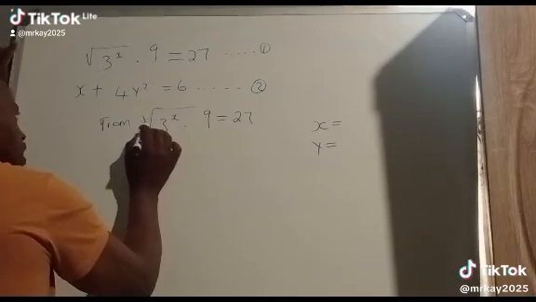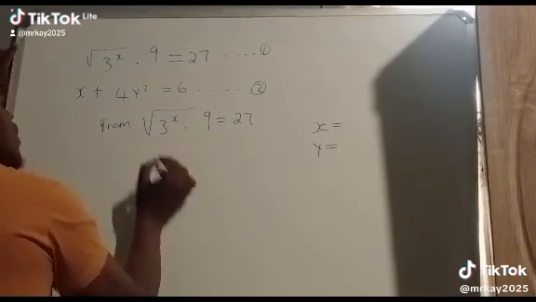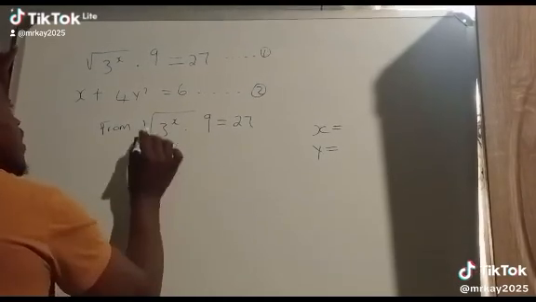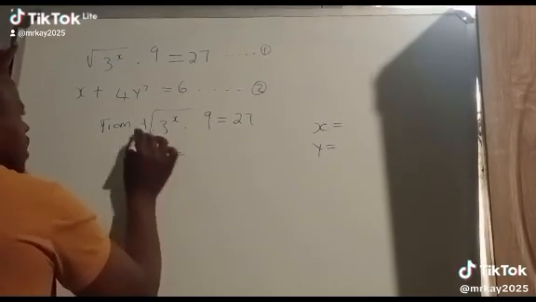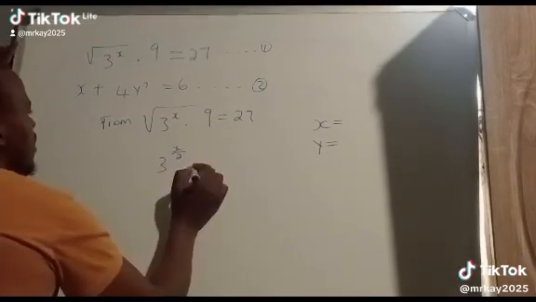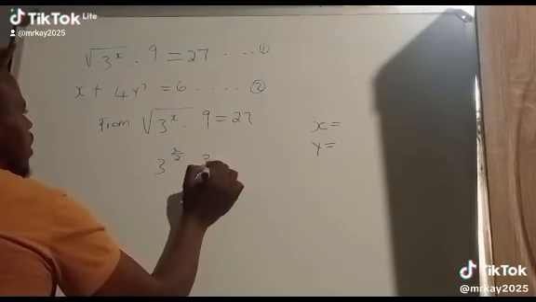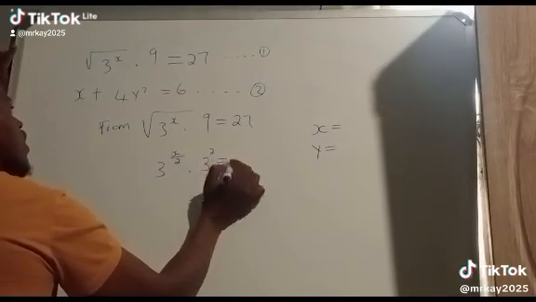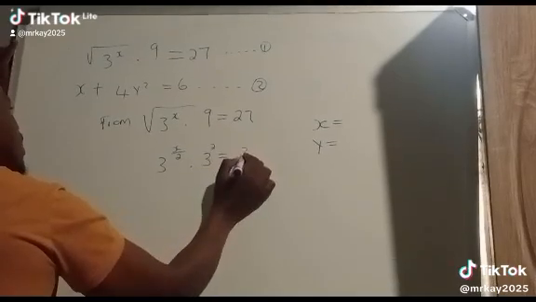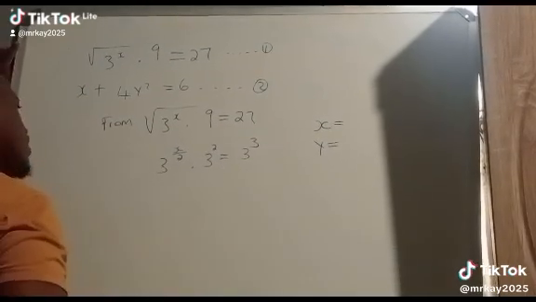If they put a 3 here as the cube root, you always write x over the number that's there. Because I don't see anything, I know there's an invisible 2. Multiply by 9, which is 3 to the exponent 2, equals 27, which can also be changed to 3 to the exponent 3.